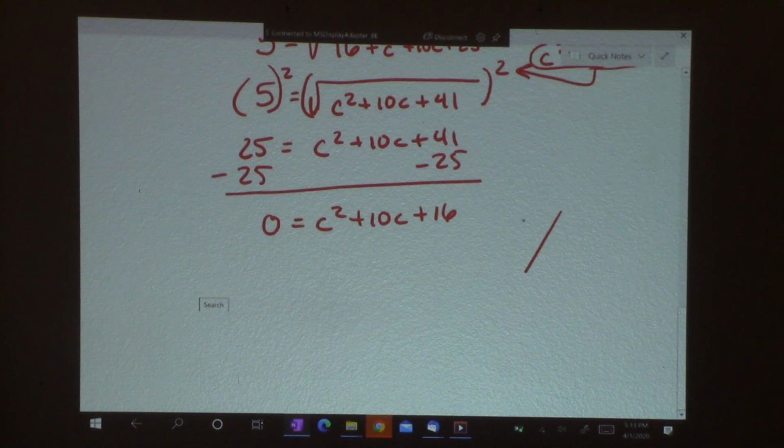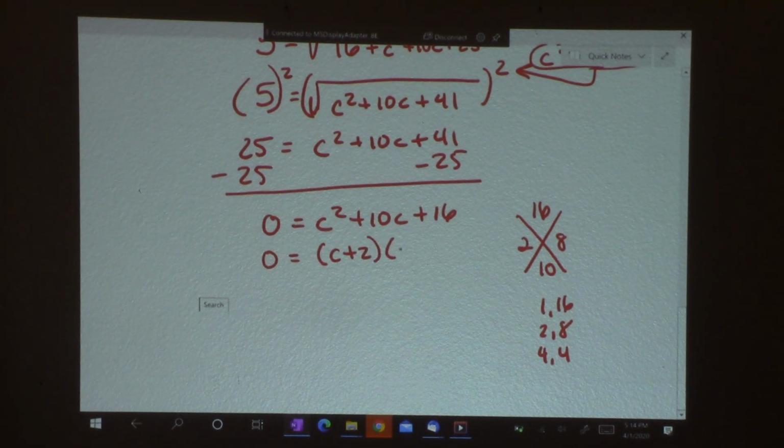I'm going to use magic X. So what multiplies to be 16 and adds to be 10? Well, if I list all my factors of 16, what do I get? I get 2 and 8. So I've got 0 equals C plus 2 times C plus 8.